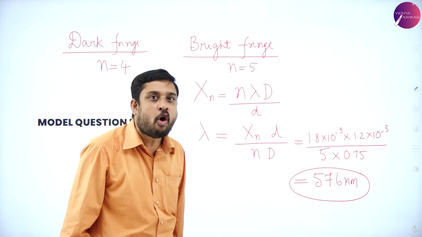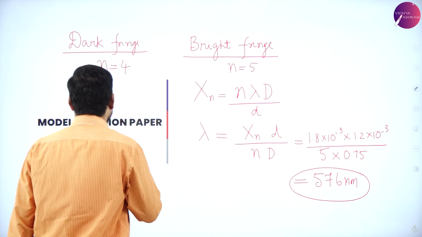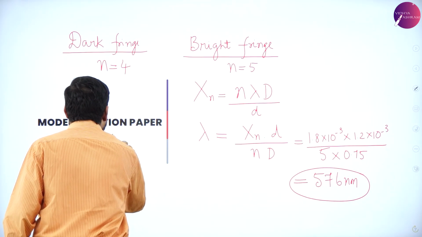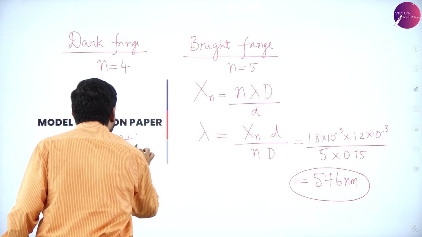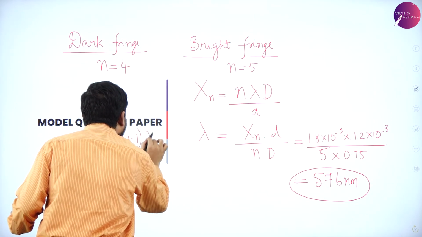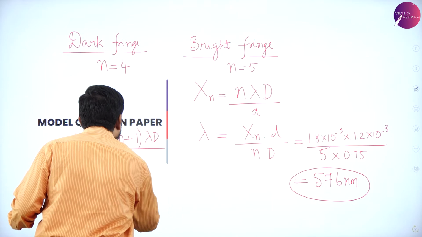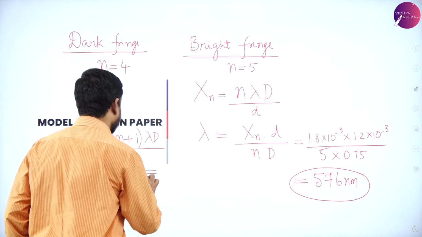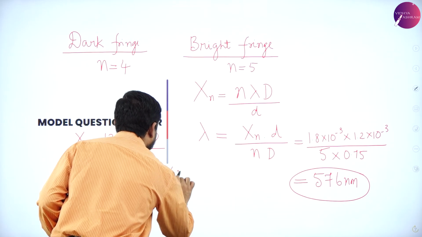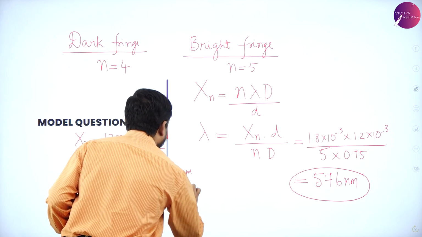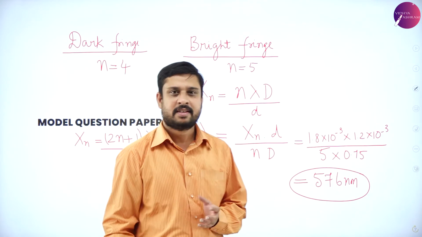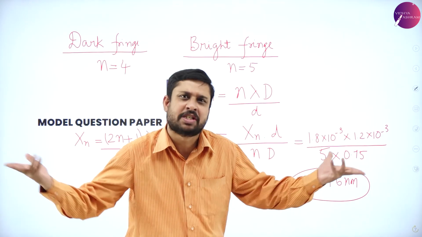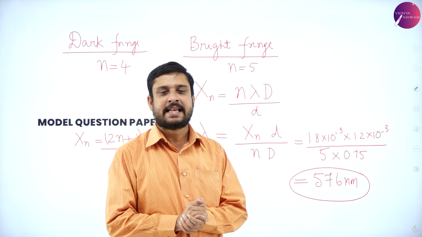So n is 4. Now, what is the formula for the dark fringe? Xn is (2n plus 1) lambda D by 2d, destructive interference. When you substitute and simplify, you get the answer as 1.6 millimeter. See, very simple. No rocket science. Know the expressions, easily you get the answers.